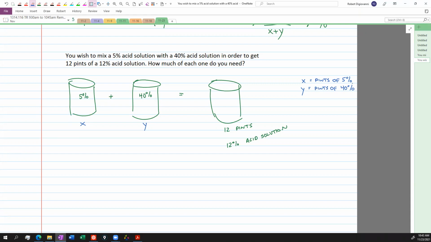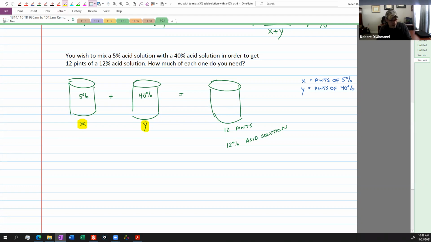It needs to add up to 12 pints. Exactly. So I know that my total at the end has to be 12 pints. When I take how many pints there are here and how many pints here, and I add them together, I should get 12. Let me write that down. X plus Y must be 12. That's one thing I know has to be true, right? Yes?